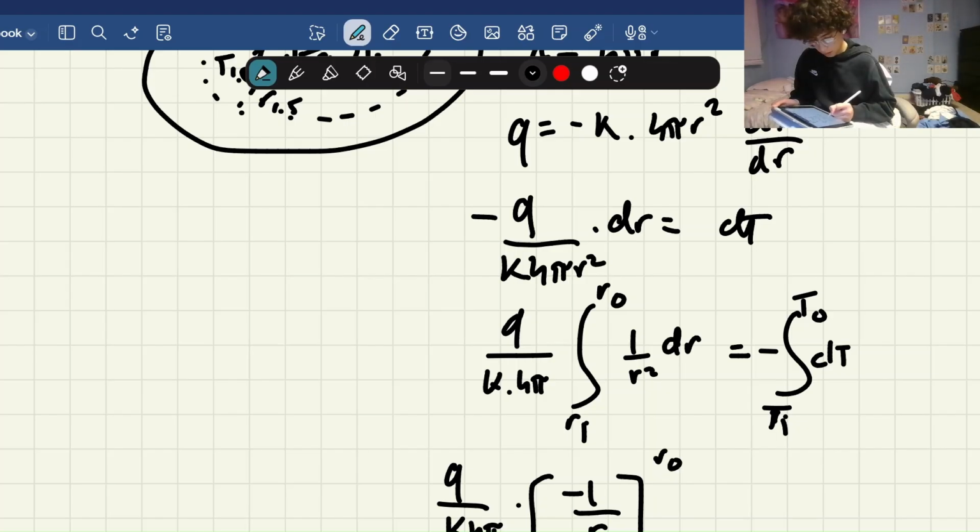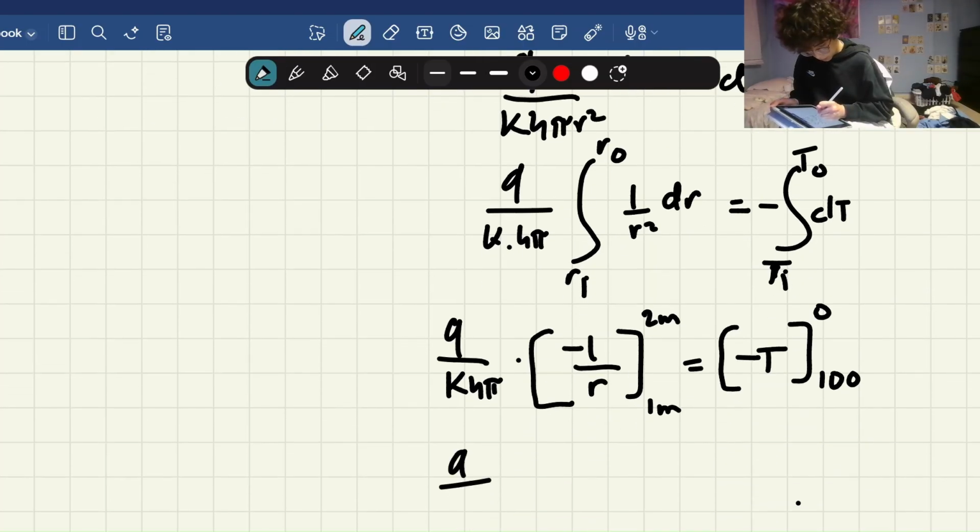And then we're gonna do this. Ro is 2 meters, Ri is 1 meter. And then the integral of dT is just T, put negative T. To is 0, Ti is 100.